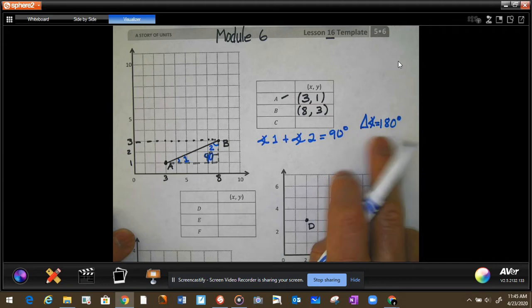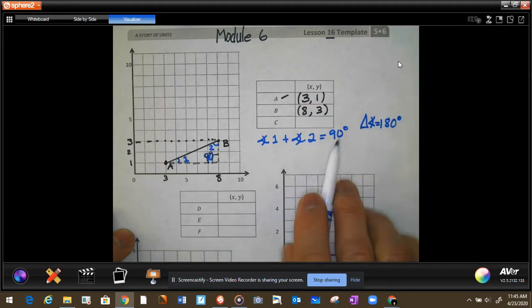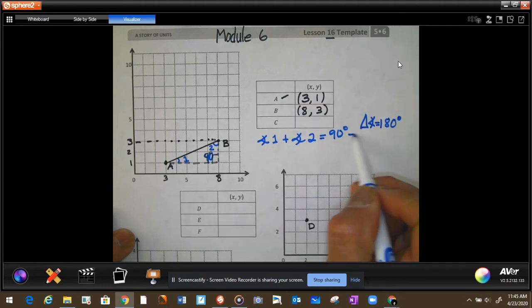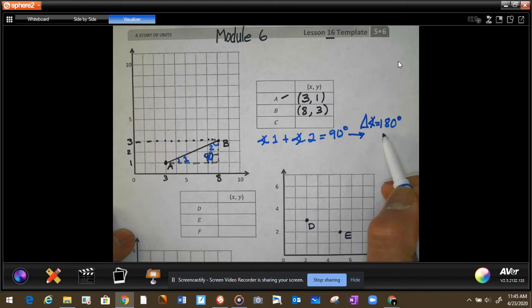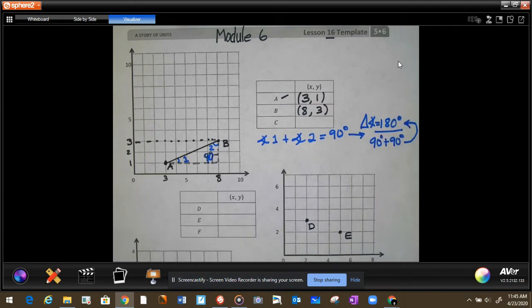And if you write the total, that's 90 plus the right angle, 90 degrees, that equals 180. Isn't that incredible? Mathematics is beautiful.